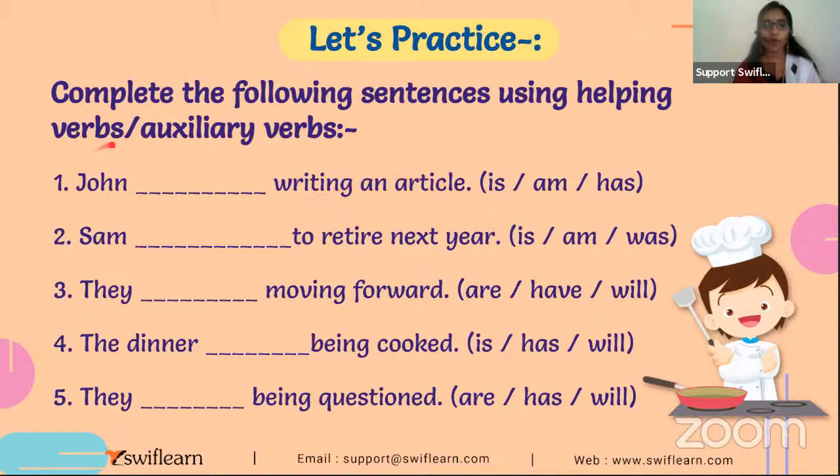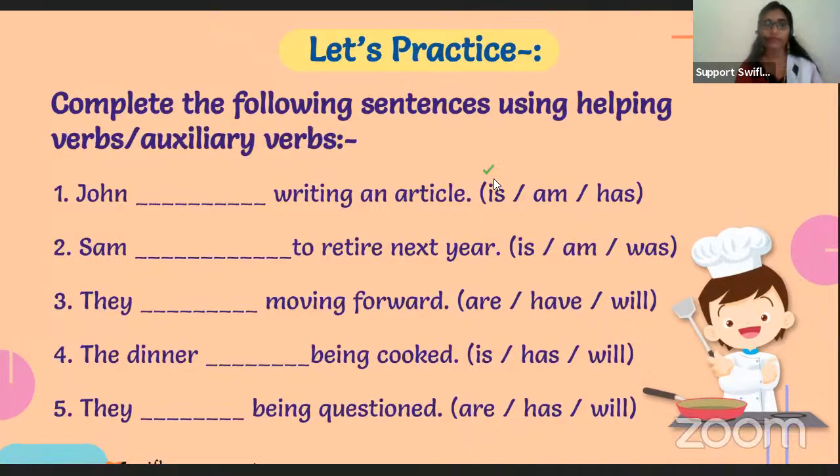So here obviously what will be coming? Yes, the answer is: Sam is to retire next year. So John is writing an article. Sam is to retire next year.